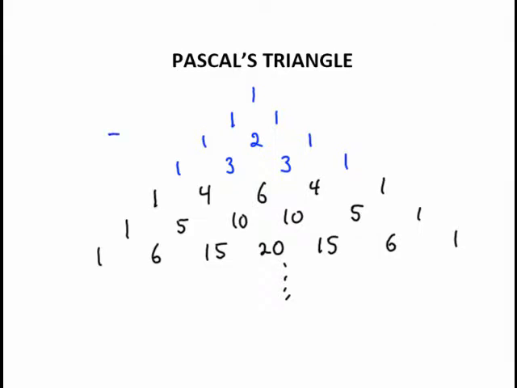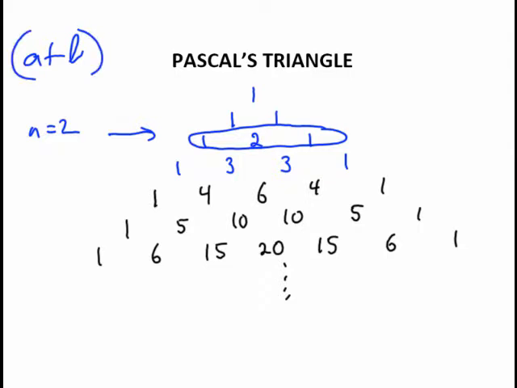For row 3, the numbers 1, 2, and 1 correspond to the coefficients in a plus b squared. This was when n was 2, in a plus b to the n. These are the coefficients in a plus b to the third. The coefficients in a plus b to the fourth.